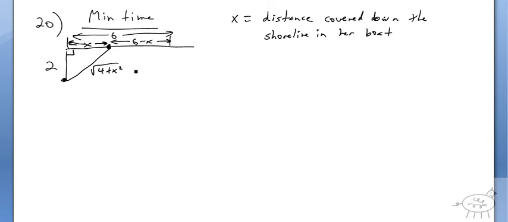So let's set up a nice little friendly problem here. f of x is equal to the distance, the square root of 4 plus x squared.